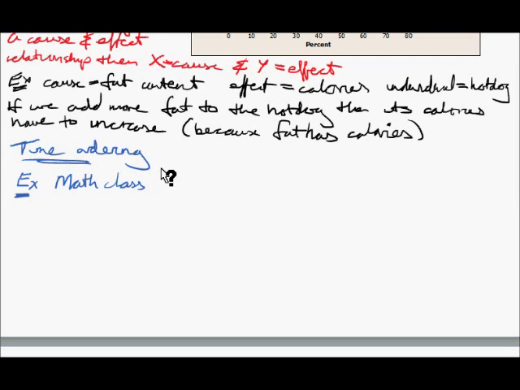In a math class, you have test number 1, you have test number 2, and let's say the third test, the final.